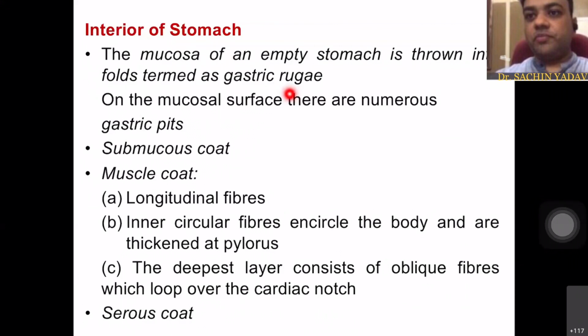But if the mucous membrane is not taking the submucous layer along with it, then it will be temporary. So here the gastric rugae mainly consist of the mucous membrane, that is epithelial cells and only the lamina propria. The lamina propria is a very lax part of the GI system, having fewer collagen fibers and more reticular fibers.